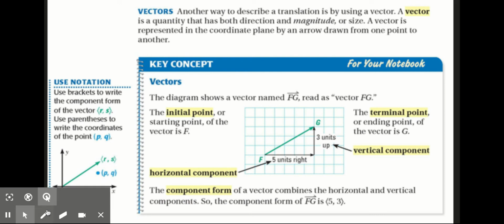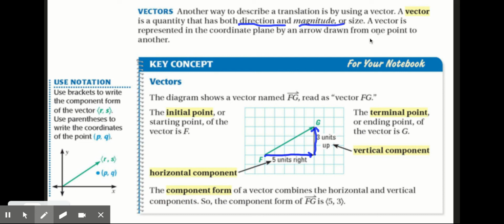So I already mentioned vectors, that we do a horizontal vector and we do a vertical vector, and that creates a diagonal vector. A vector is a quantity that has both direction and magnitude. So you're going x direction and x magnitude.